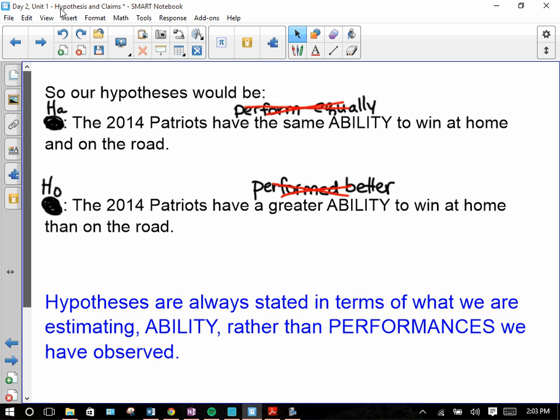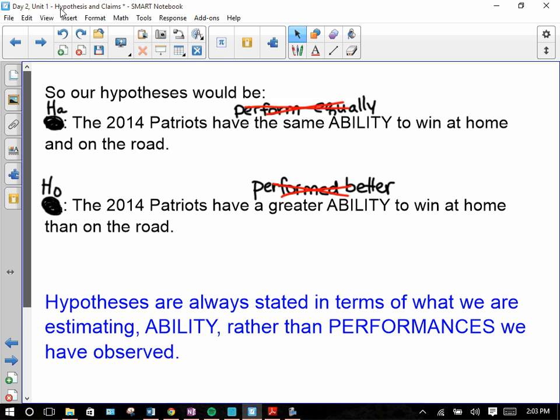So H sub 0 is our null hypothesis, the hypothesis where we are assuming the ability is the same. Here it says that the null hypothesis is that 2014 Patriots have a greater ability. That's not what our null hypothesis is supposed to be. Our null hypothesis is supposed to assume that they have the same ability. Same thing up here. This alternative hypothesis says 2014 Patriots have the same ability. That's not what the alternative is. The alternative is that they have a greater ability.